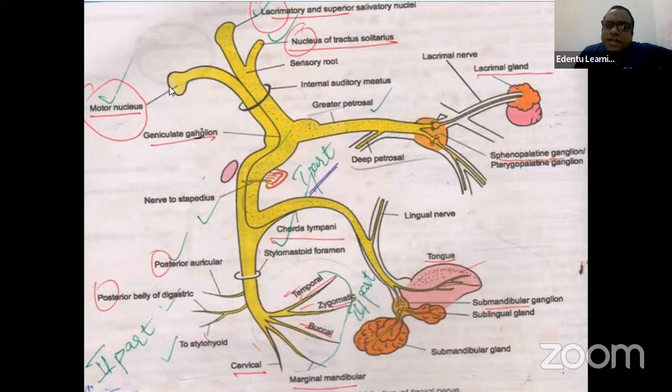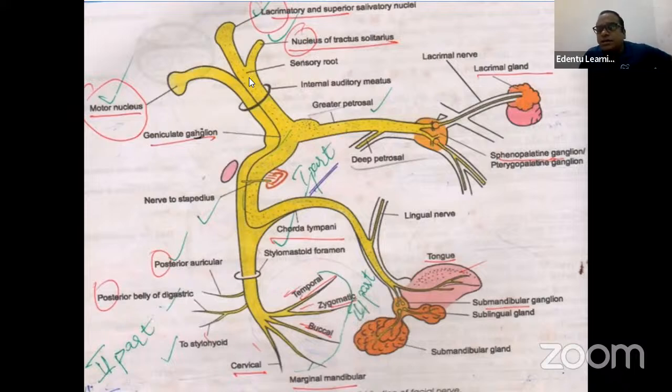So, the facial nerve starts from the motor nucleus, lacrimatory nucleus, superior salivatory nucleus, and nucleus of tractus solitarius. They will come like this. You see here, the motor nucleus is going separate. The dotted line is not there, so that means it is a separate entity. Whereas these dotted ones, where you see the spots over there, they become one.